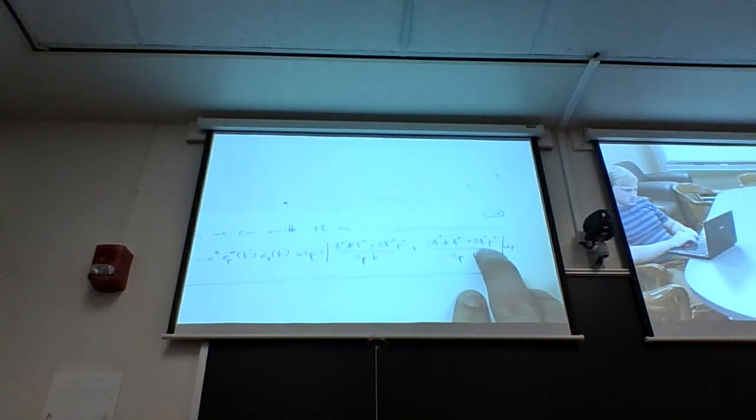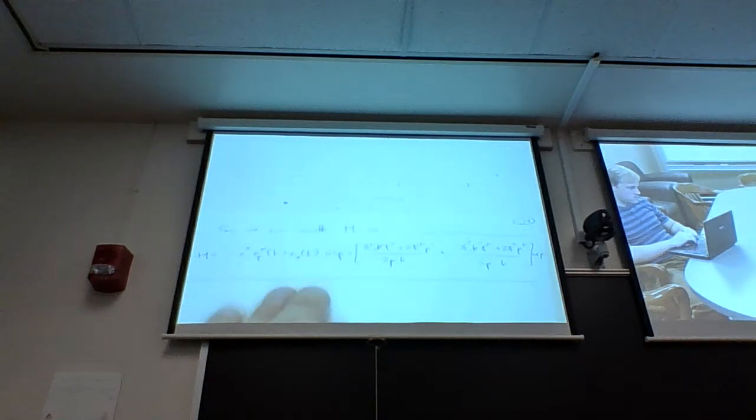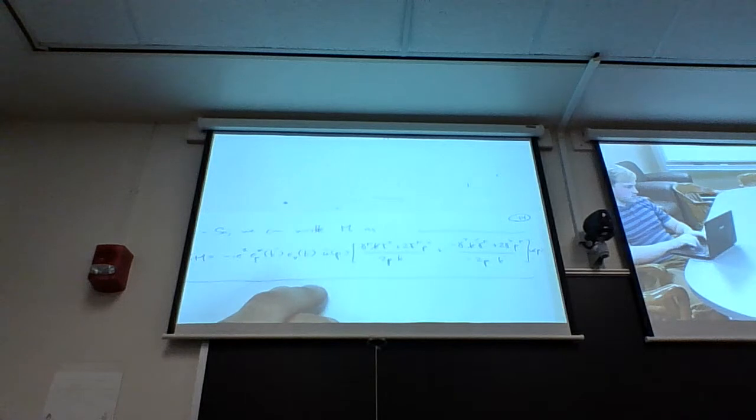This is where I'm going to stop, because the next step is to take the complex conjugate and then square these, or multiply M times M star, and then do the same thing that we did for the two fermion cases: average over the initial spins and sum over the final state spins. So what we'll have to work out next time is how to sum over these polarization vectors for the photons.